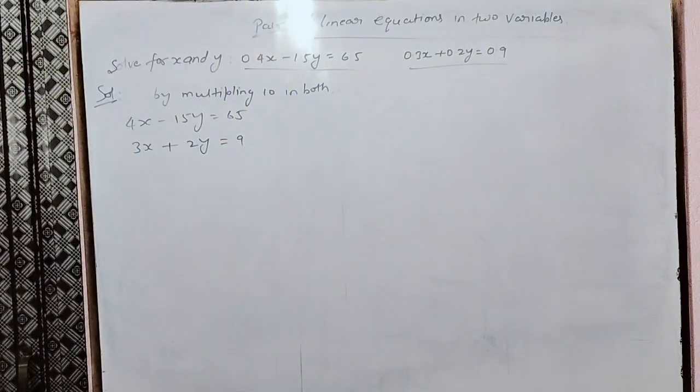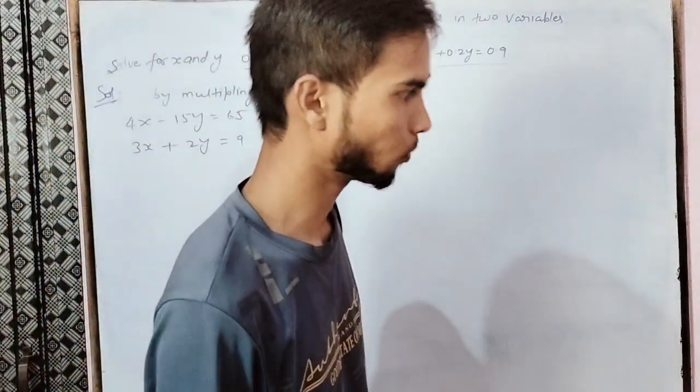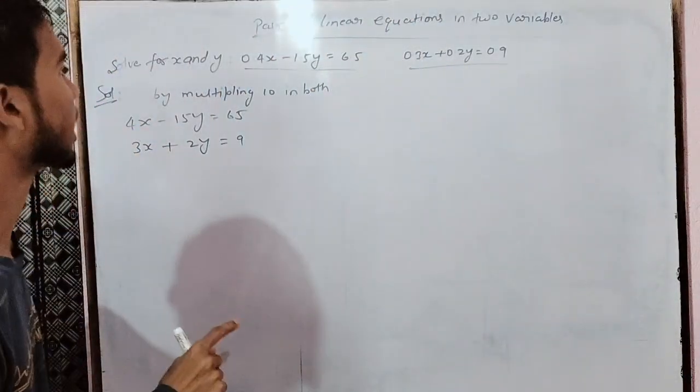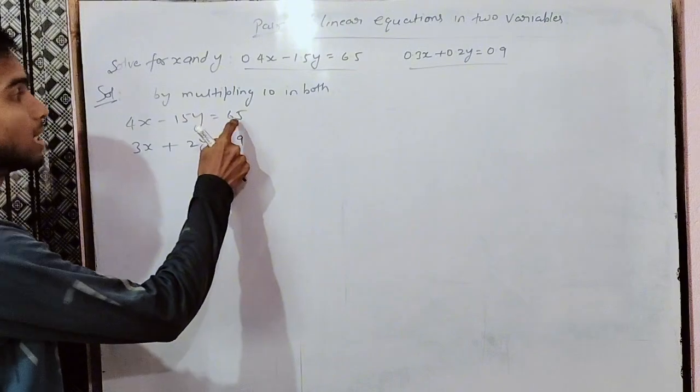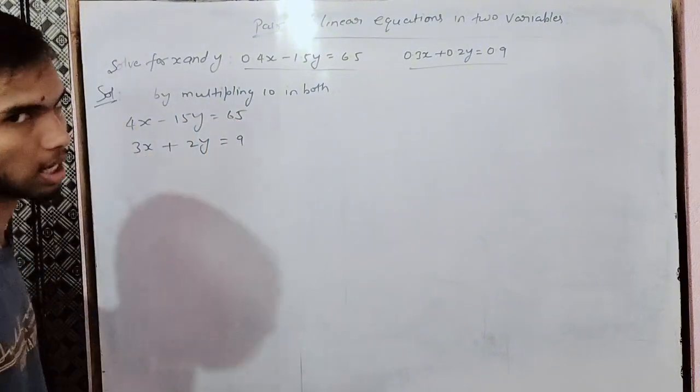So finally we have removed the decimals logically. We have multiplied by 10 on this side and 10 on this side.